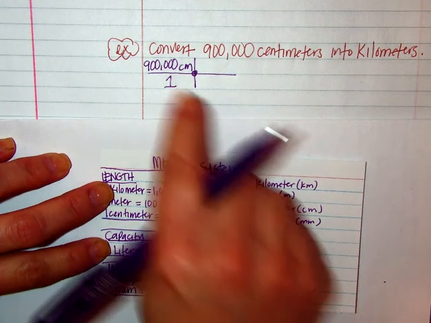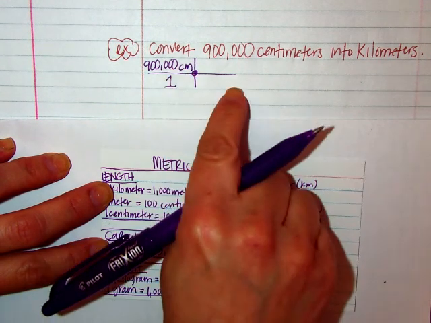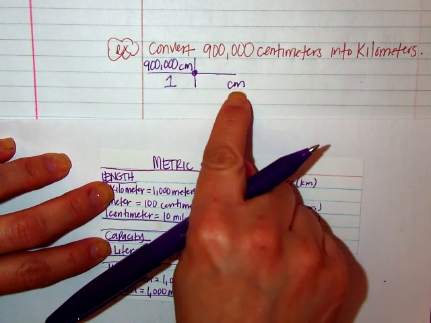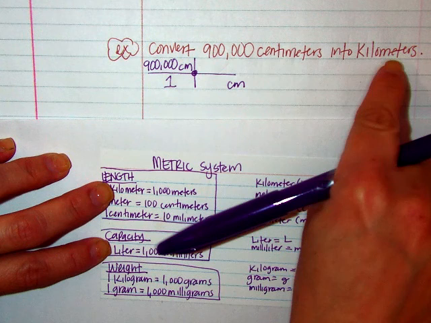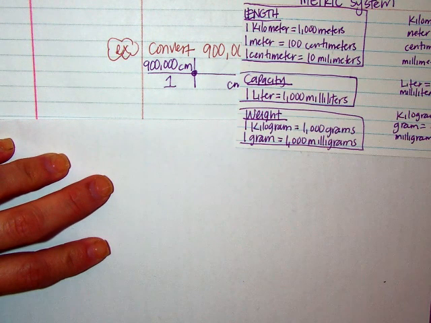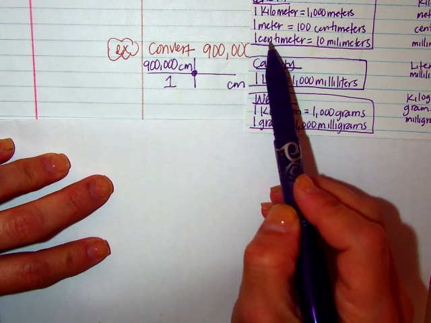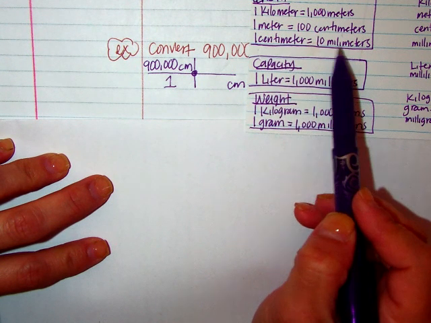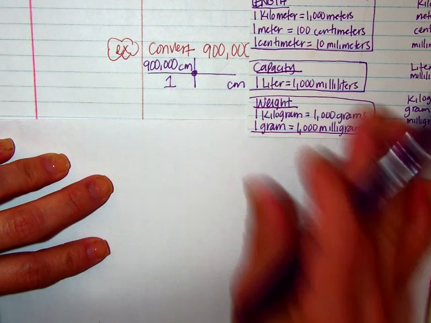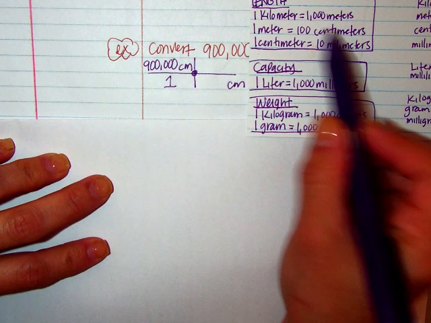Now, centimeters should be diagonal from itself. And we're trying to turn these centimeters into kilometers. So I'm going to go check in here to see if I have a relationship between centimeters and kilometers. And it turns out I don't, okay?